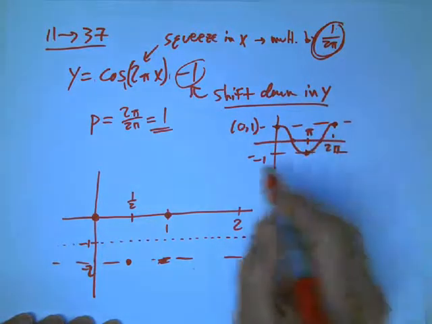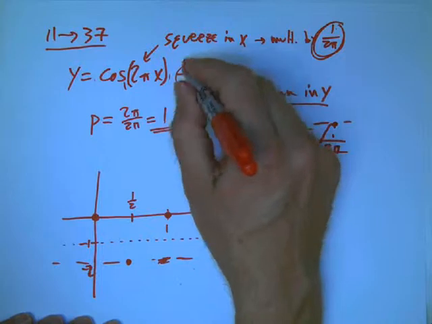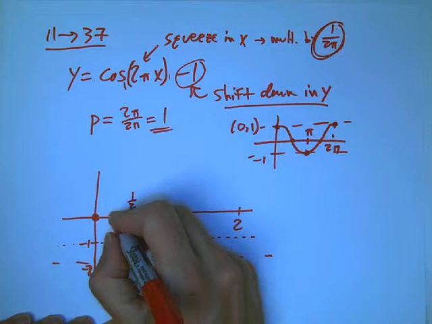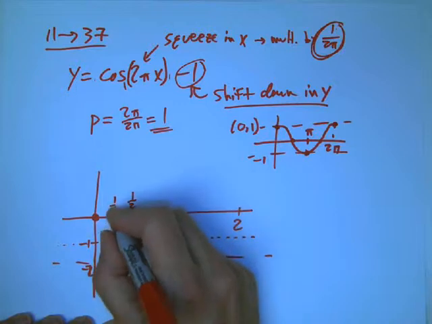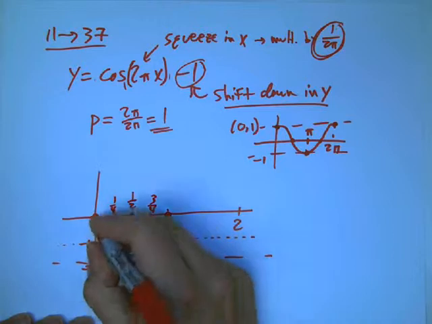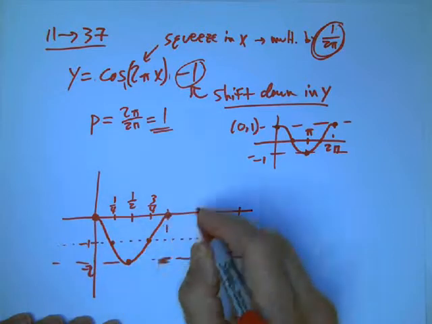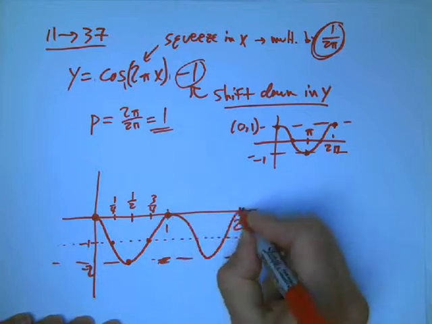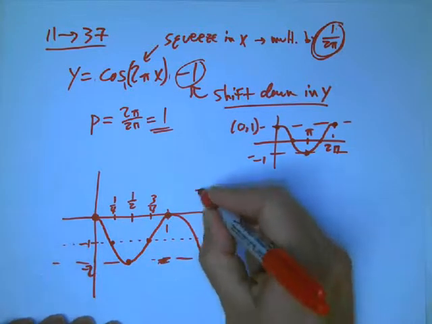I always like to dot the center line. The center line about which it's oscillating up and down, it was the x-axis. That's been shifted down by 1 unit, and that's here at minus 1. So a quarter of the way through and 3/4 of the way through the cycle is going to be going through the center line.